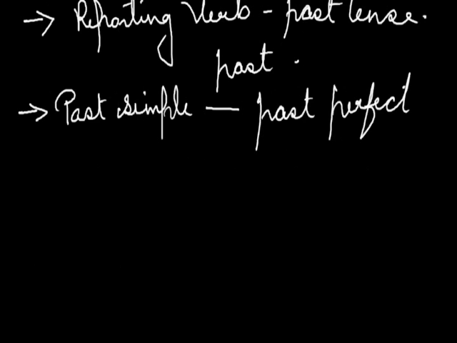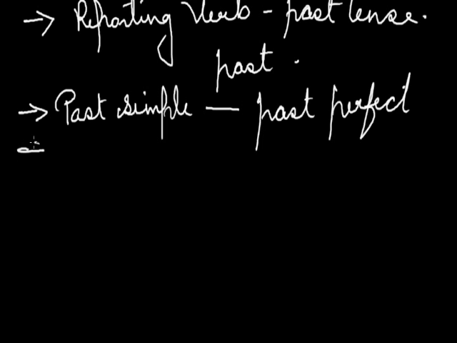For example, he said, "Police patrolled at night." "Patrolled at night" is in simple past, and when we convert it into indirect speech, it will get converted into past perfect. The answer is: he said that the police had patrolled at night. "Had patrolled" is past perfect.